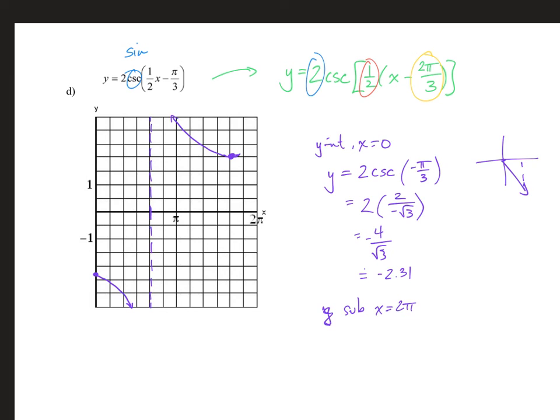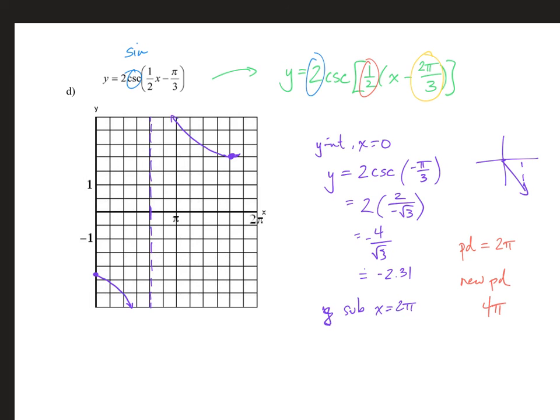We take a look at what the period is for our curve, and we know that the period for a normal cosecant graph is 2 pi. Now, because we had a horizontal stretch by a factor of 2, we know that our new period is going to be 4 pi. Well, since we're only graphing 0 to 2 pi, I can't even fit on one full picture a full cycle.